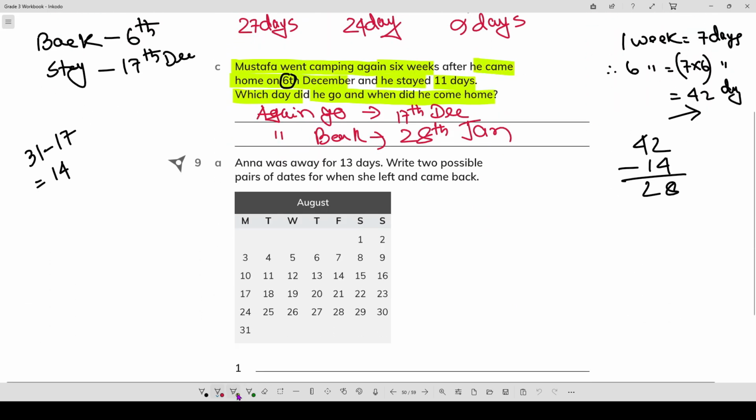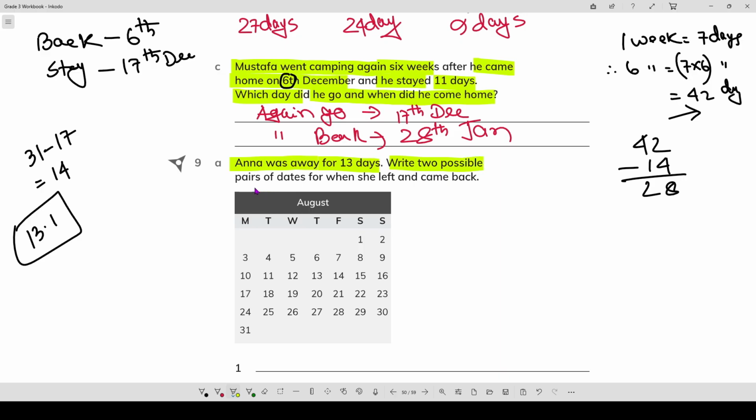Question 9, and this is the last part of exercise 13.1. Anna was away for 13 days. Write 2 possible pairs of dates when she left and came back. Let's see, left 3rd August and came back 13 days later, it means 16th August.